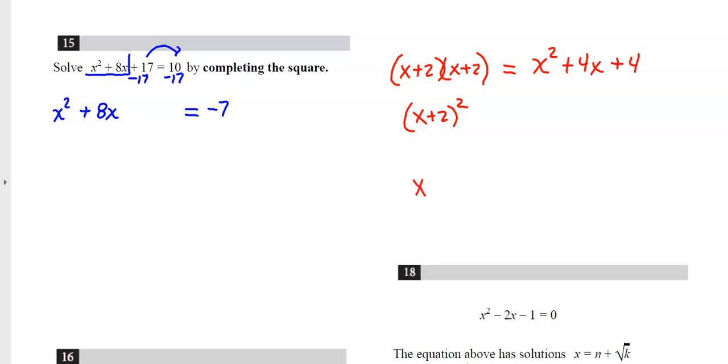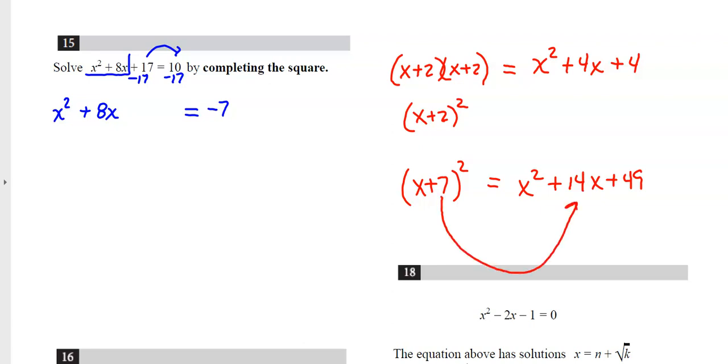If this was x plus 7 squared, you would get x squared plus 14x plus 49. So what happens is this number doubles in the center, and then it squares by itself for the end. That's what always happens. So I want to make that happen, so I can solve it like I just did number 14.